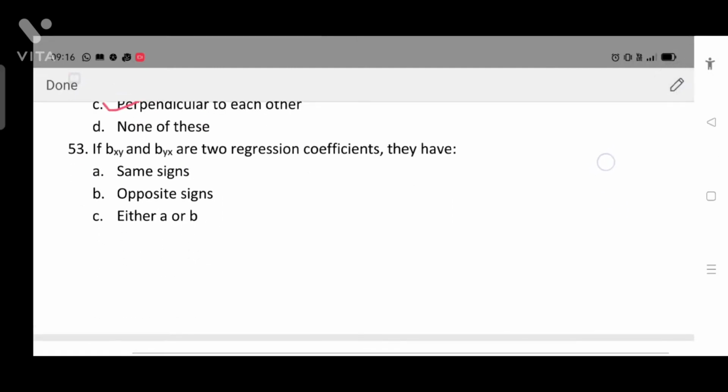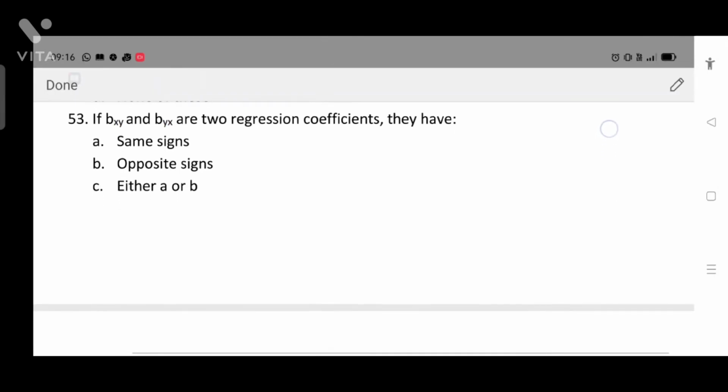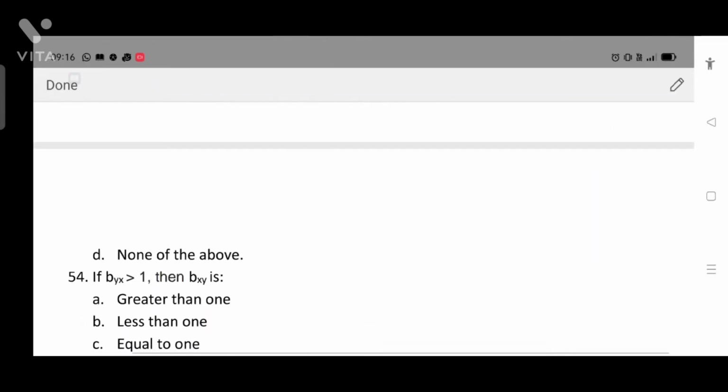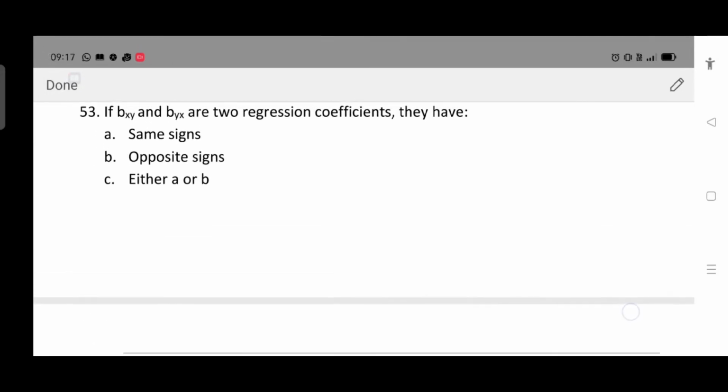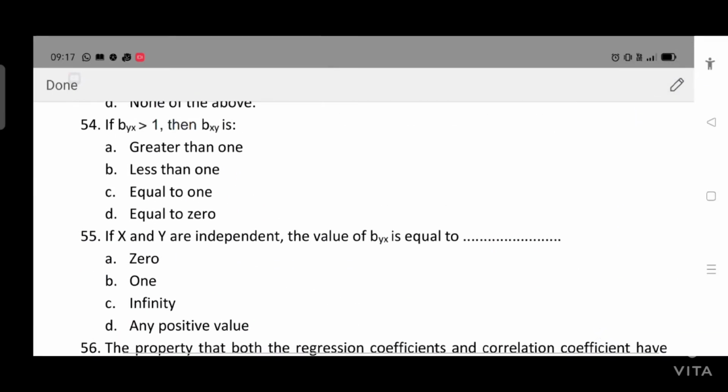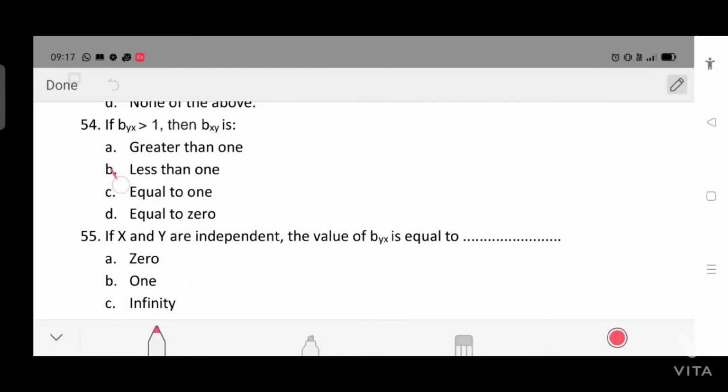If bxy and byx are two regression coefficients, they have A, B, C, D. A, same signs. If byx is greater than 1, then bxy is A, B, C, D. B, less than 1.